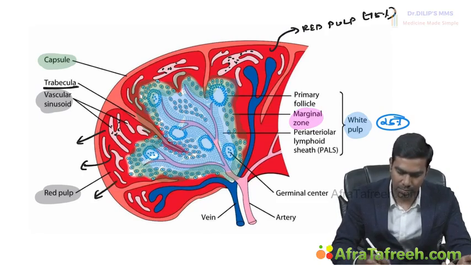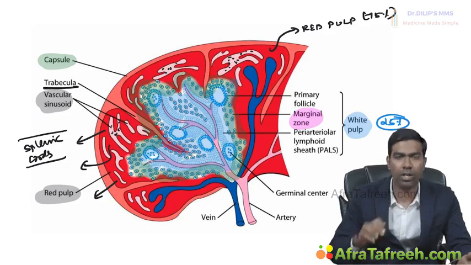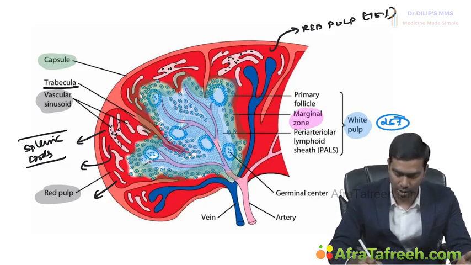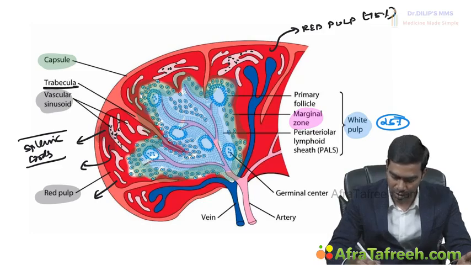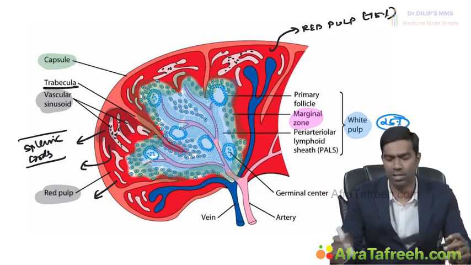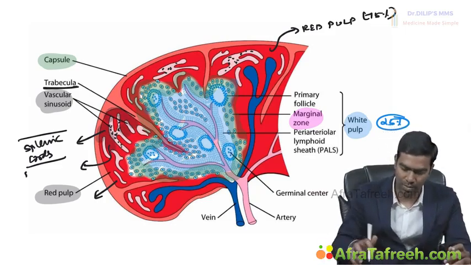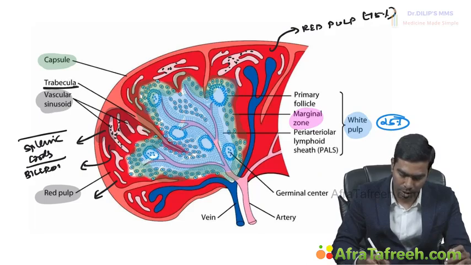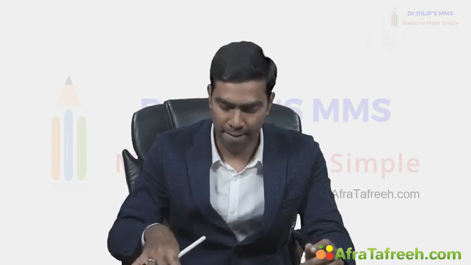These are nothing but the splenic cords, surrounding the sinuses. There are some areas which are just bland, painted with red in this diagram. These are what we call the splenic cords of Billroth.